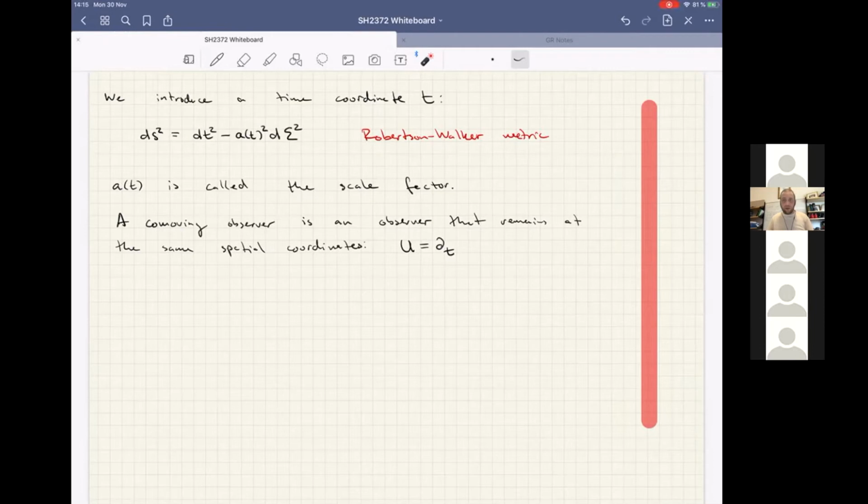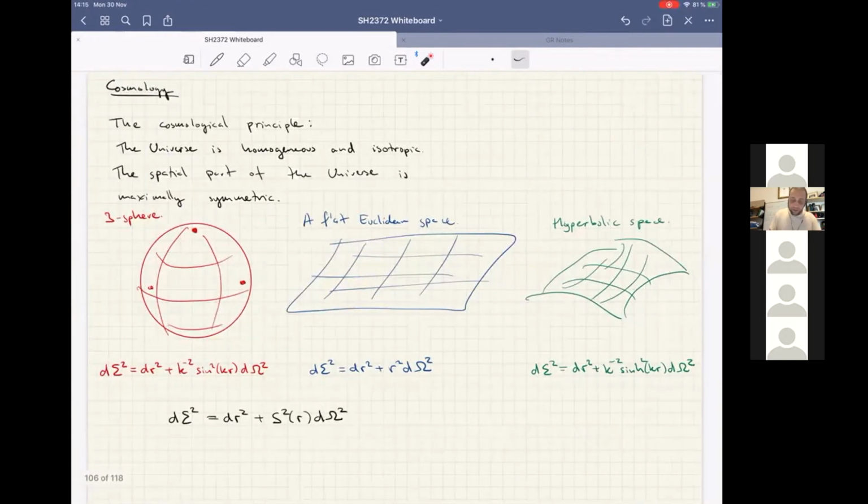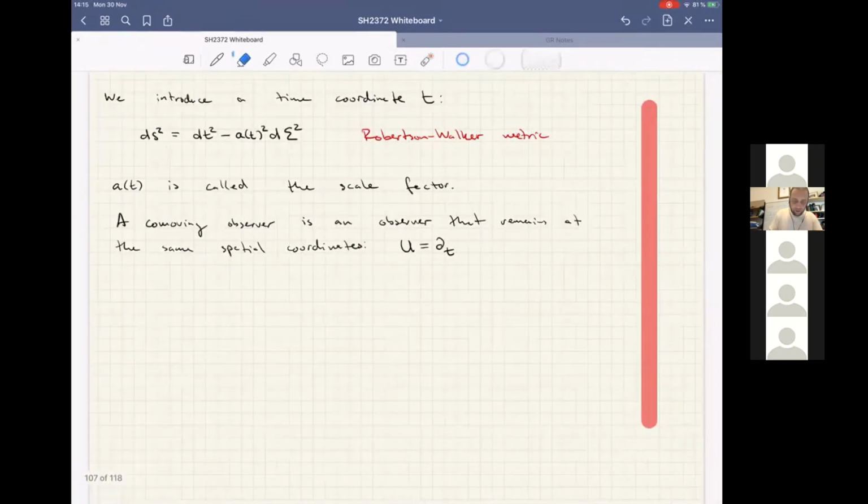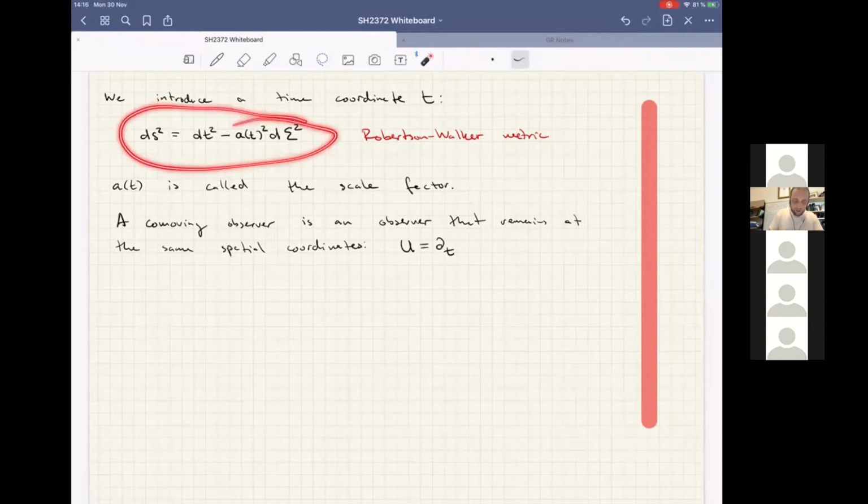Before the break, we were talking about the Robertson-Walker universe, which is essentially what we have here. There is this metric. We had some maximally symmetric spatial part described by either the three-sphere, the three-dimensional Euclidean space, or the three-dimensional hyperbolic space. And then we had a time coordinate t.